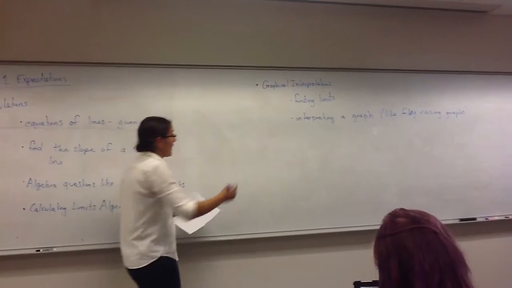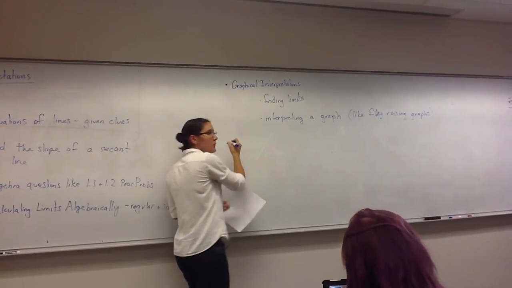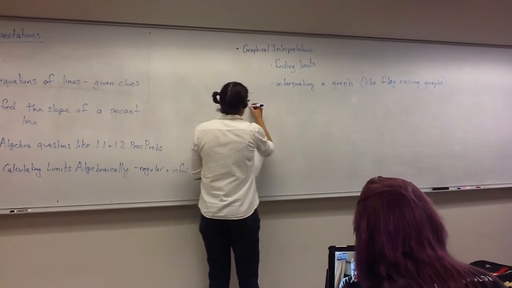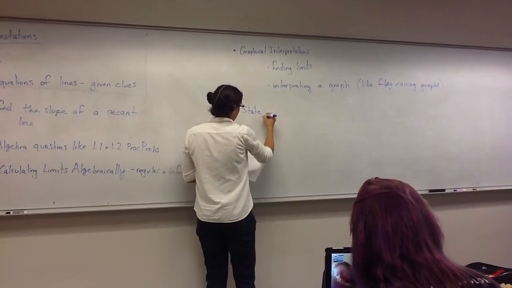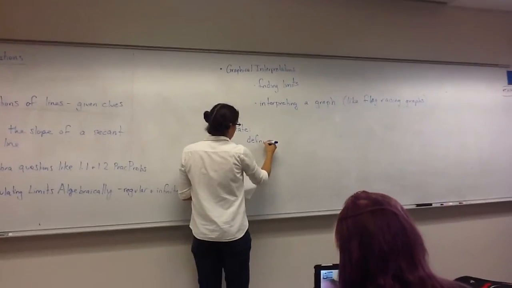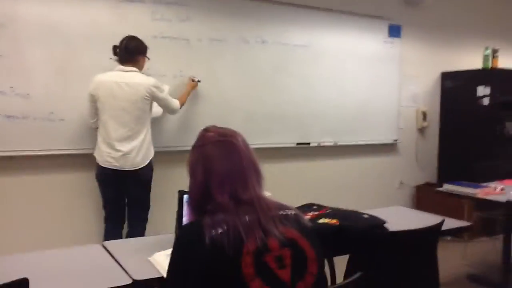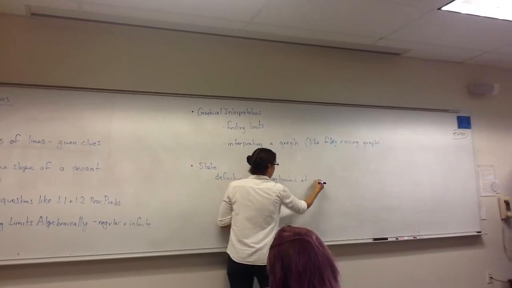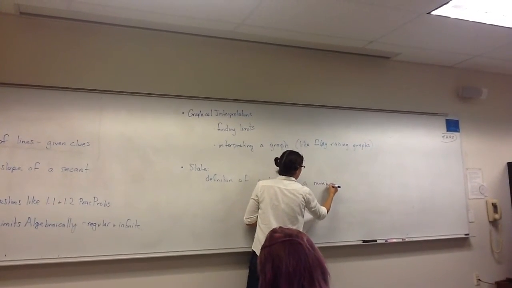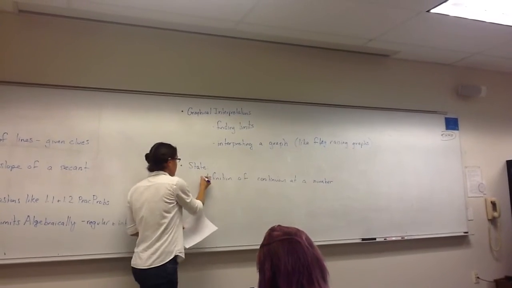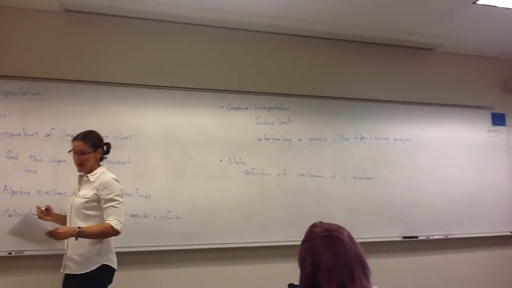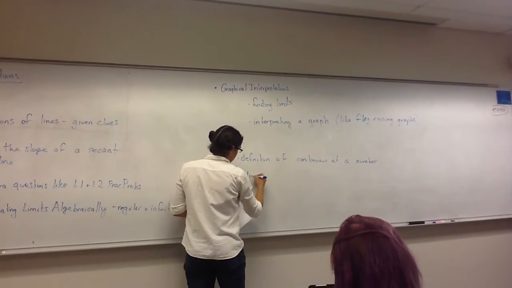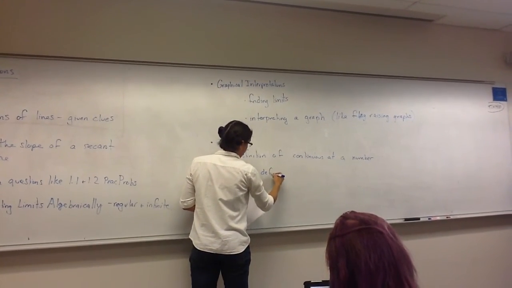Areas where I might ask you to literally regurgitate a specific definition. I may ask you to state the definition of continuous at a number. So we had a very specific definition of continuous at a number A. And we also had a very specific limit definition of a derivative.